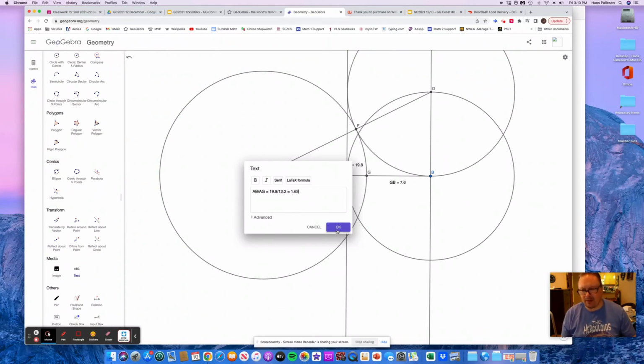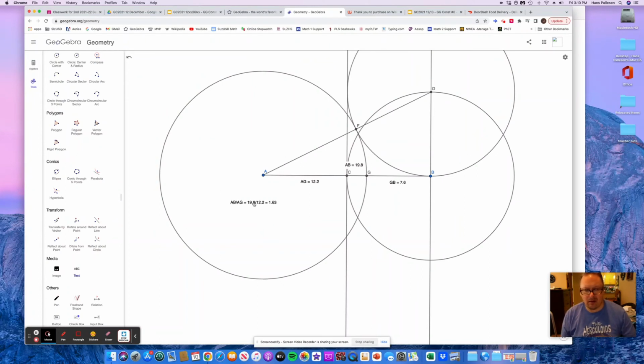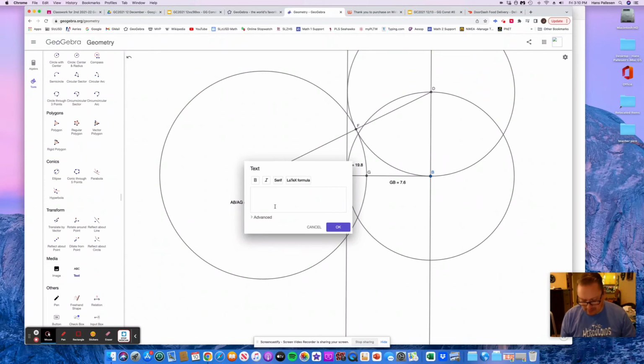Okay. And then we'll put another statement down below this, and we'll call it AG over GB, which is 12.2 over 7.6, and that's 1.61.